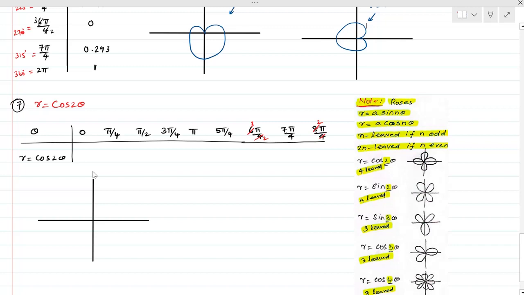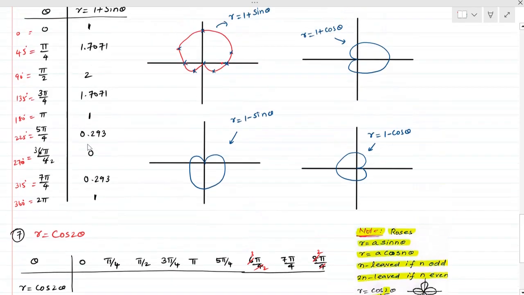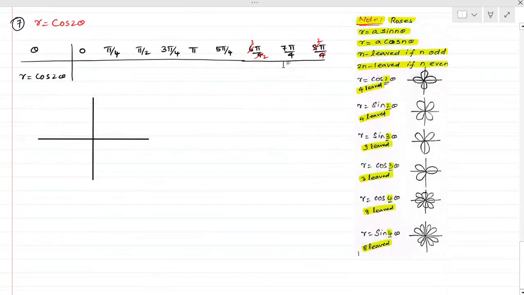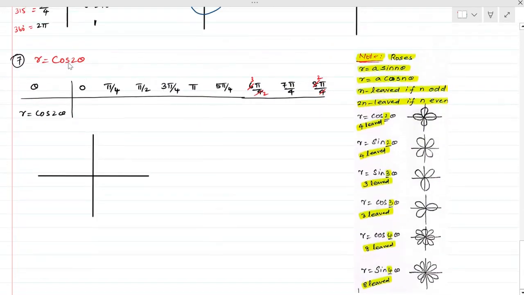Now the next one is cosine 2 theta. Here it is different. If it is theta only, we will say it is a circle on the x-axis. But it is 2 theta, double angle. So it's the same story, we will write it here.